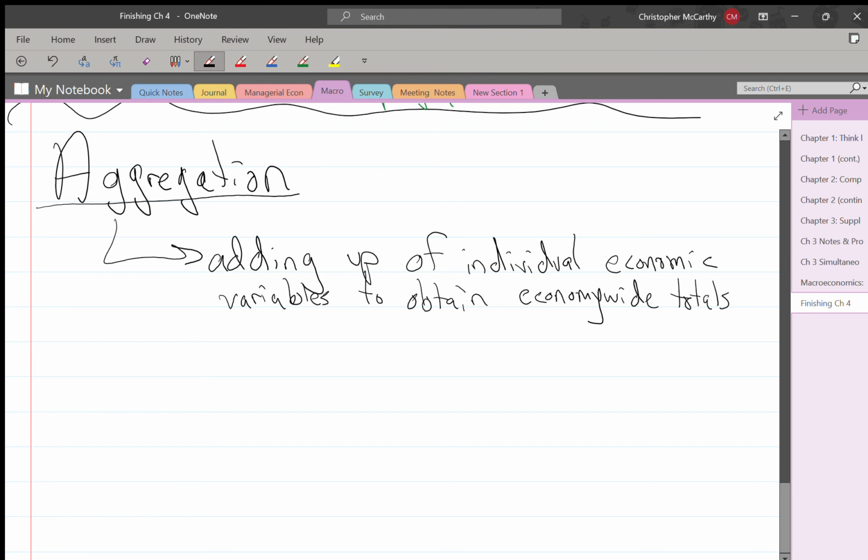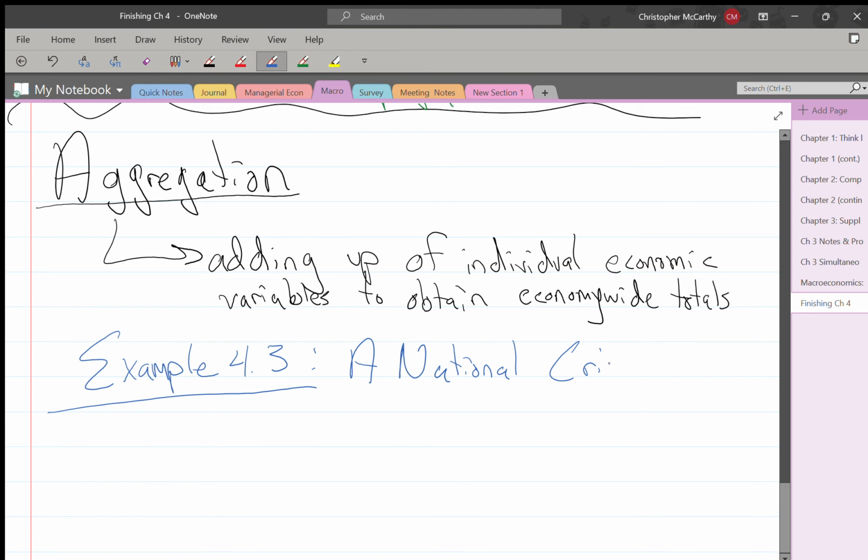Now, there are advantages and disadvantages to aggregation, right? And so the book has this great example, 4.3, which talks about a national crime index. So we want to know what's going on with this problem that's really partly economic, right? Essentially when unemployment's high, there's more crime, right? If people don't have jobs, if they're broke, there's going to be more crime.